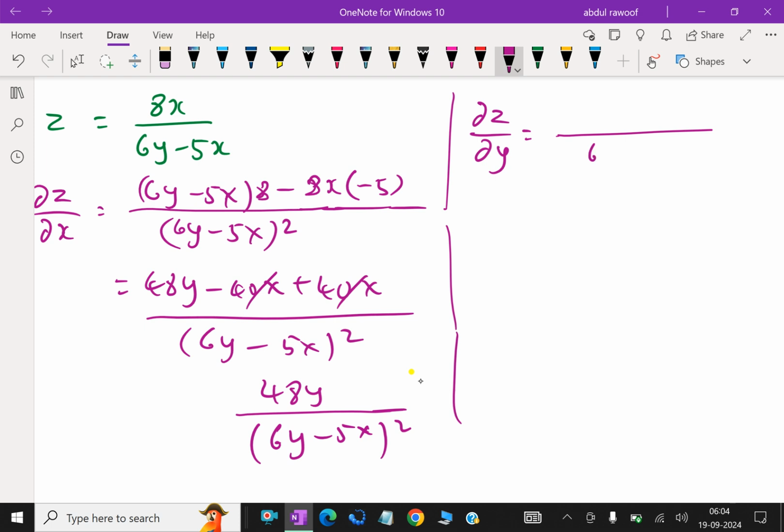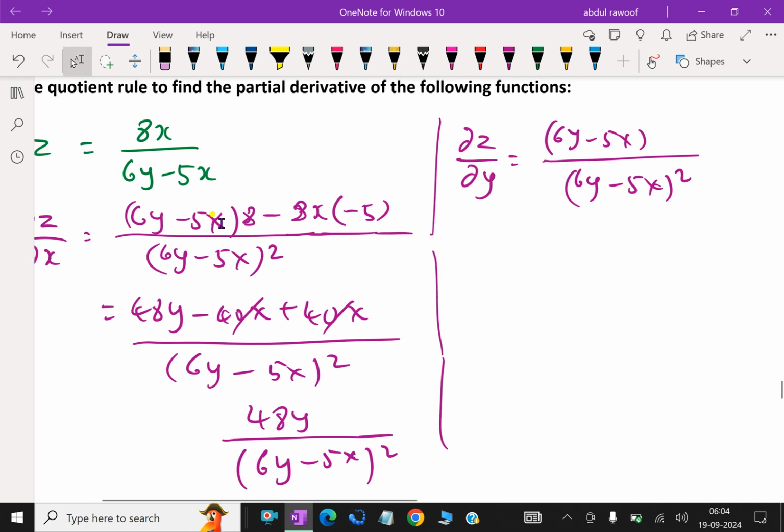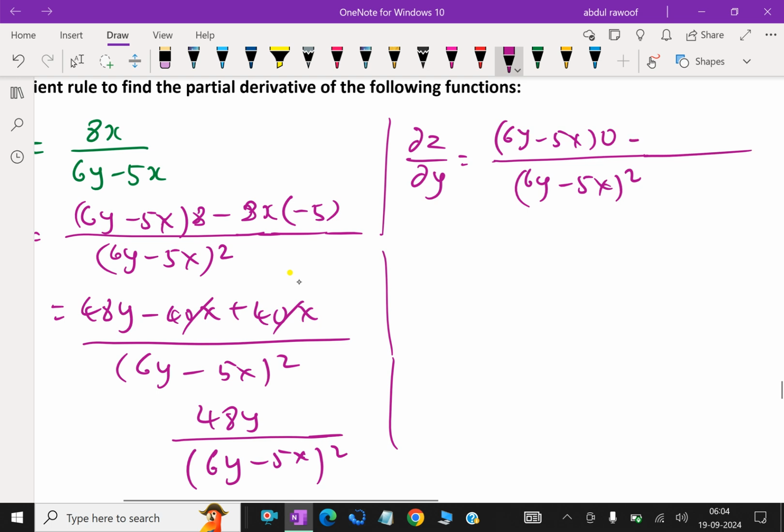Quotient rule, first 6y minus 5x the square, and the same function 6y minus 5x into derivative of 8x. 8x derivative with respect to y is 0 because partial derivatives, minus then 8x, that is u, over derivative of the denominator with respect to y is 6. So we have 6y minus 5x the square.